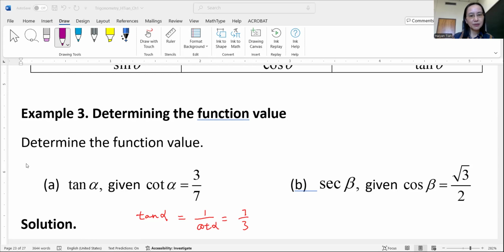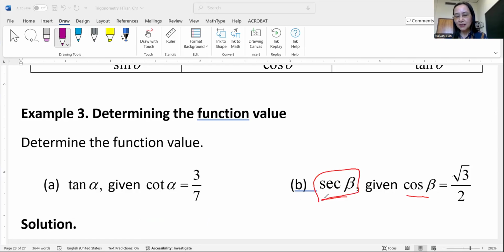Let's work on the second problem. We're looking for secant, using the cosine value of beta. So again, recall that secant beta is the reciprocal of cosine. So if cosine is square root of 3 over 2, the reciprocal of cosine is 2 over square root of 3.